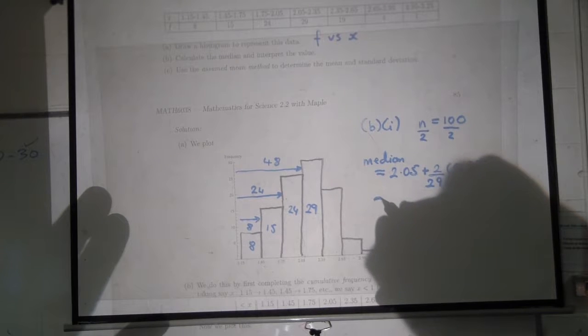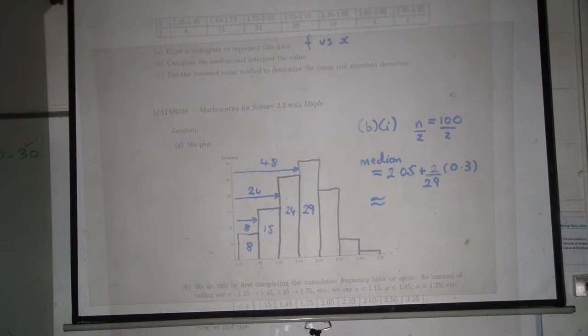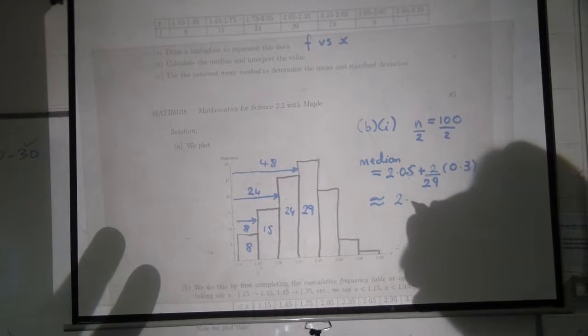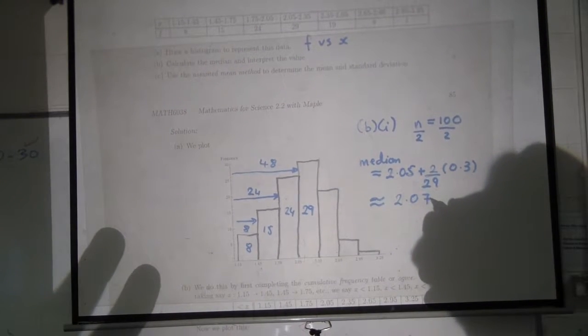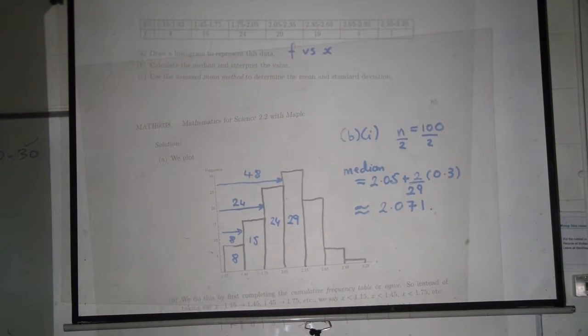So this is approximately equal to, rounding, you just want to take 4 significant figures. So I'm getting 2.01. Sorry, 2.071. Where does 0.3 come from?